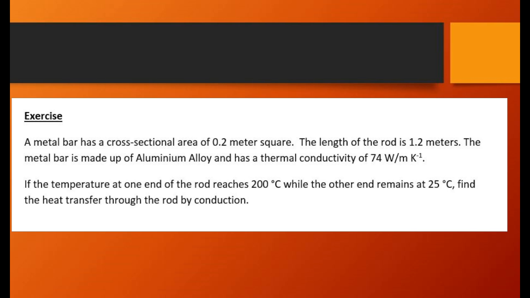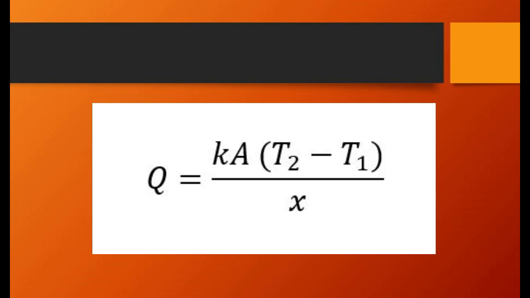So, whenever you have to solve such problems, the best thing to do is to write down the equation. And we covered in the last lecture that the equation for solving conduction problems is called the Fourier equation, and that is Q equals K times A times delta T, which is the temperature difference, divided by X, which is the thickness.